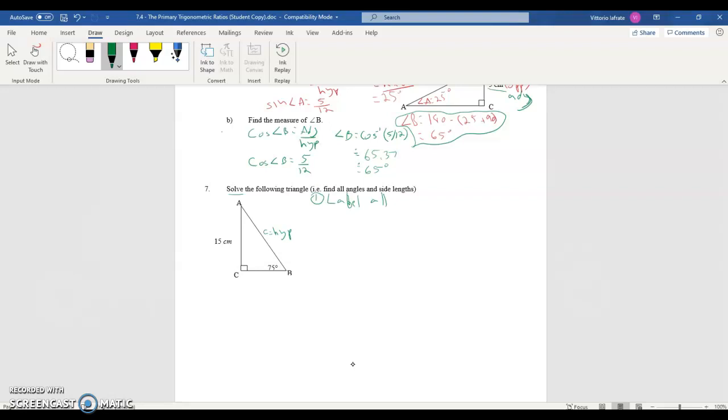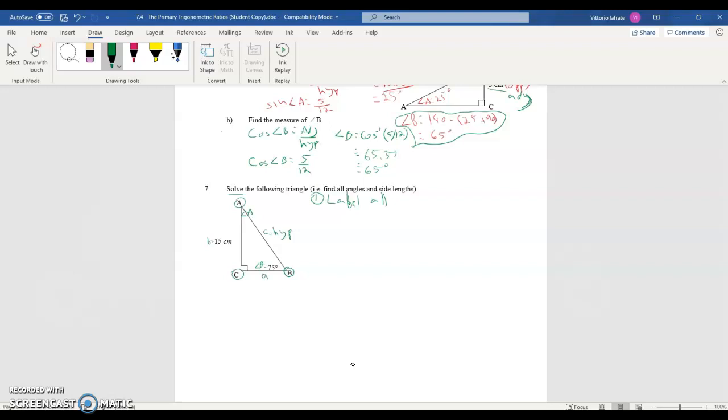It's lowercase c because it's opposite of angle C. This is vertex B, so this is side b over here, 15 centimeters, and angle B is 75. This is vertex A, so this is angle A over here. And then the opposite side of that vertex would be side a over here.